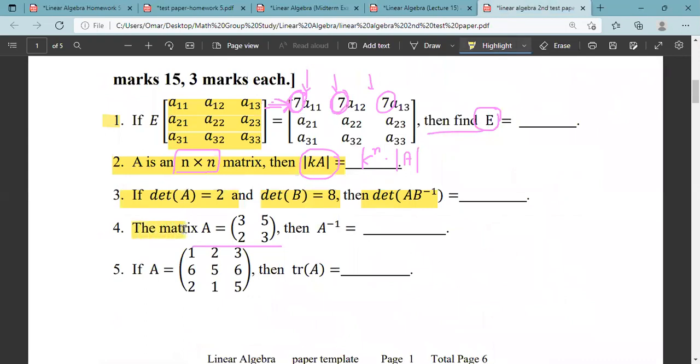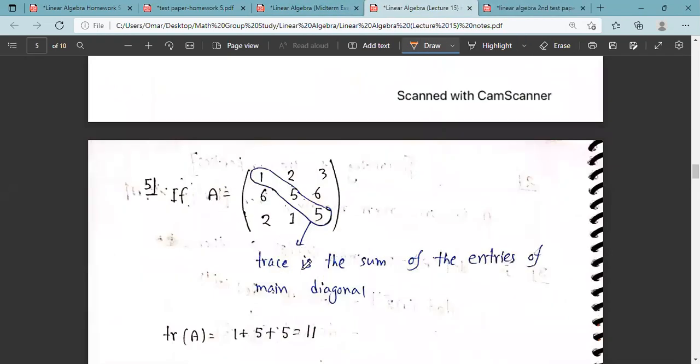The matrix A, so if A is equal to 1, 2, 3, 6, 5, 6 and 2, 1, 5, then what is the trace of A? Trace is the sum of the entries of the main diagonal. So you can just add those entries of the main diagonal.